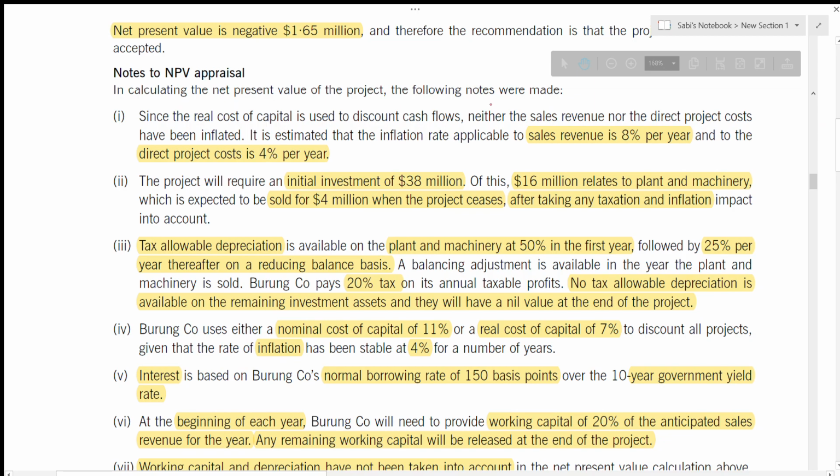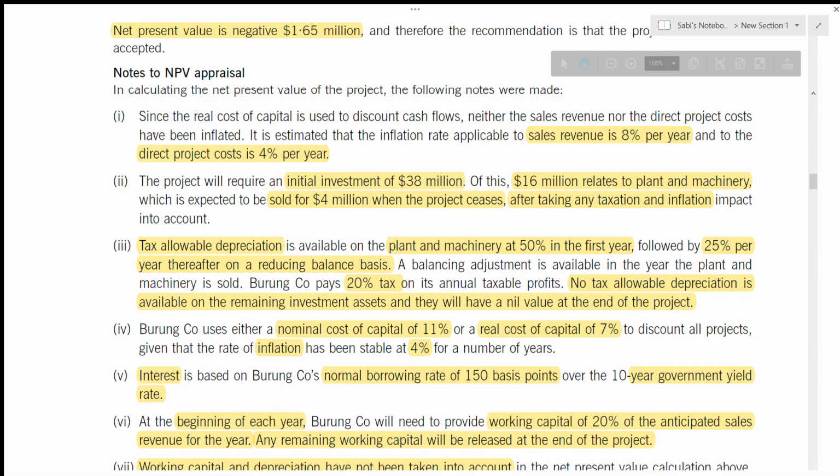The first one: since the real cost of capital is used to discount cash flows, I hope that by now you know what a real cost of capital is and what a nominal cost of capital is, right? Neither the sales revenue nor the direct project costs have been inflated. So the real cost of capital means you are not taking inflation into account. Uninflated amounts you have put.